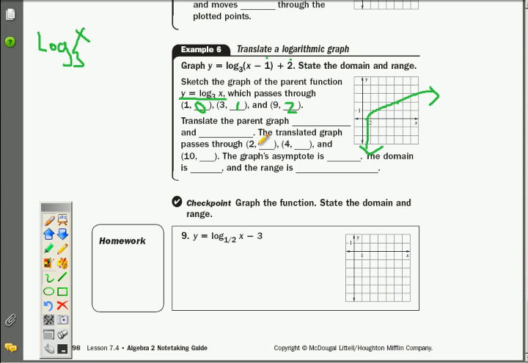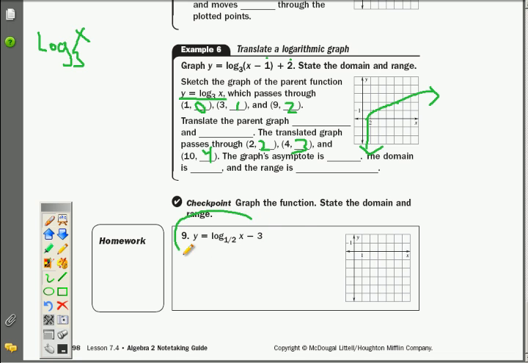So to the right one and up 2 is 2, 2. To the right one from 3 is 4, up 2 from 1 is 3, and up 1 from 9 is 10, and up 2 is 4. And if you plot those points, you'll see that you found a translation as it moved.